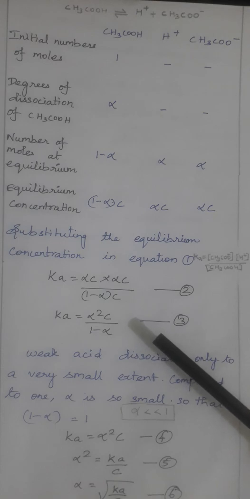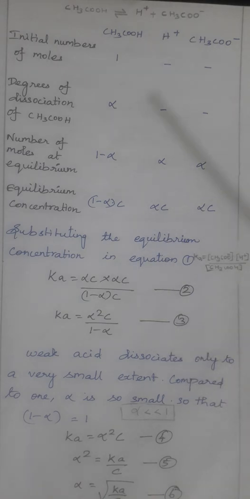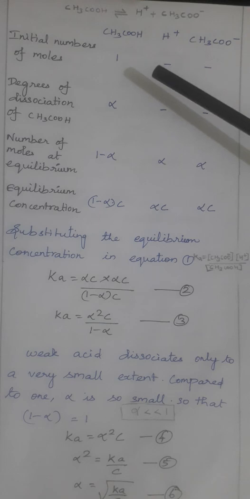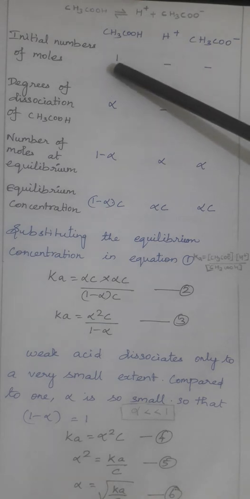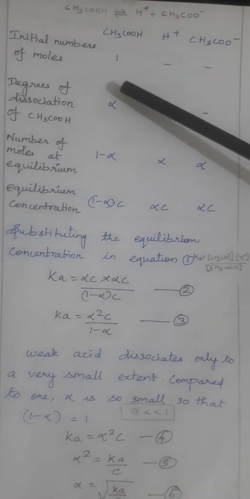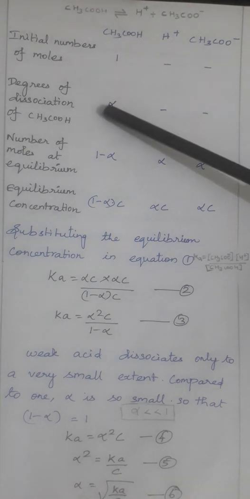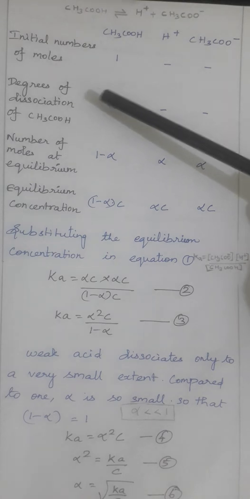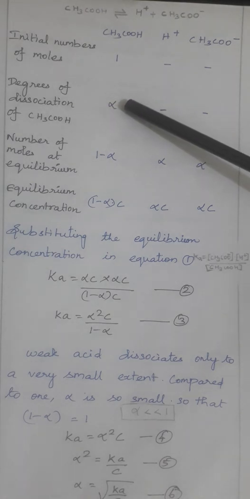How do we get this expression? For that purpose, we consider the dissociation of acetic acid into H plus ion and CH3COO minus. Consider 1 mole of acetic acid taken. How many moles are reacted? Alpha moles are reacted, that is, the degree of dissociation of acetic acid is alpha.